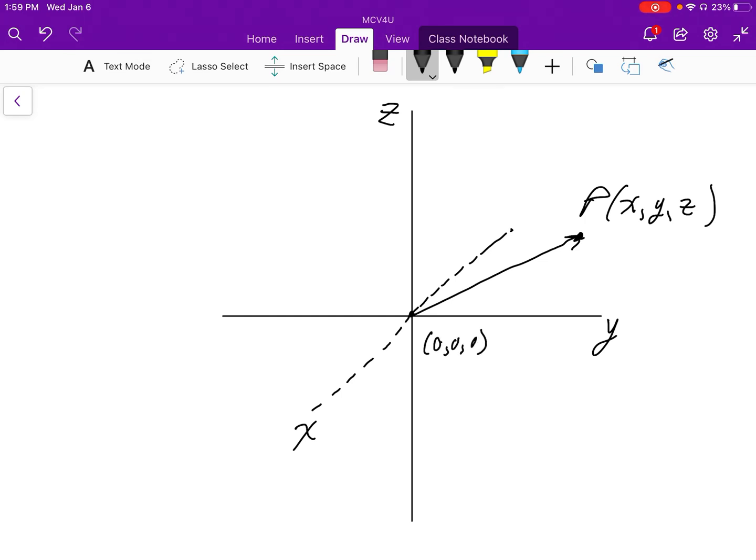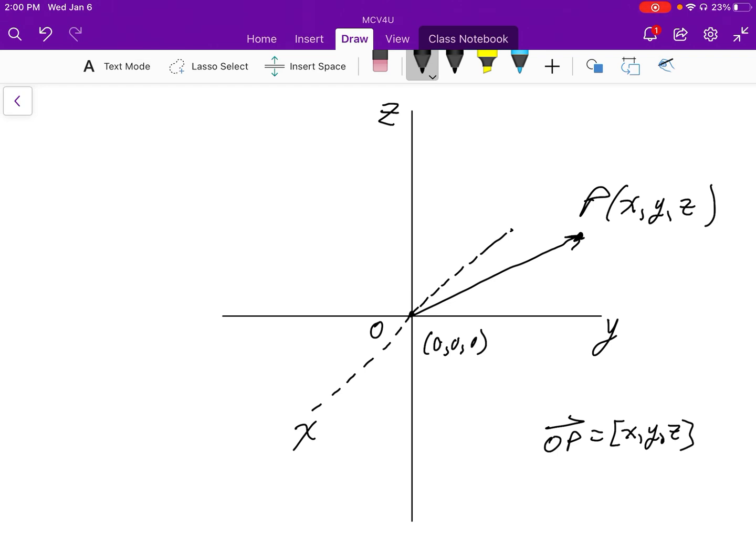And what would this position vector be as a vector? I'll tell you right now, it's very simply, if we add the square brackets, vector OP is just, with square brackets, X, Y, Z.